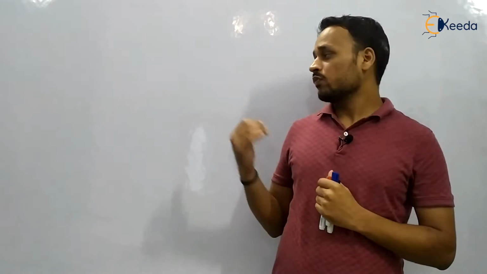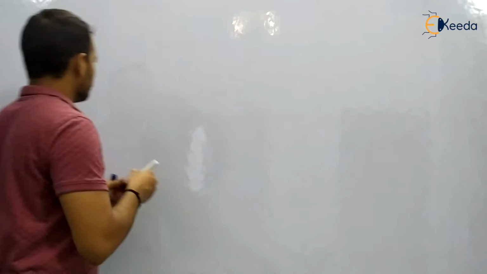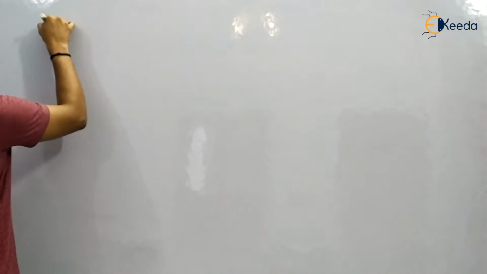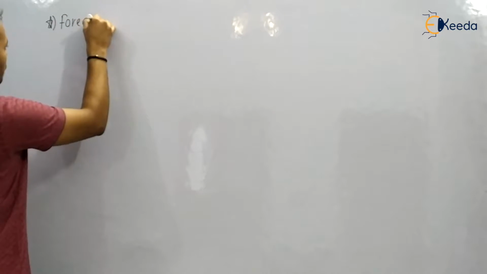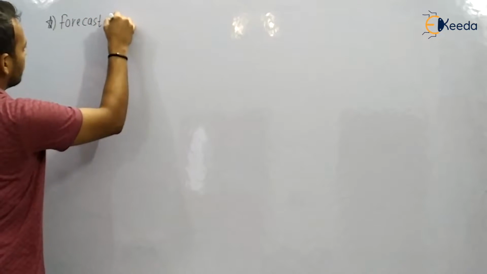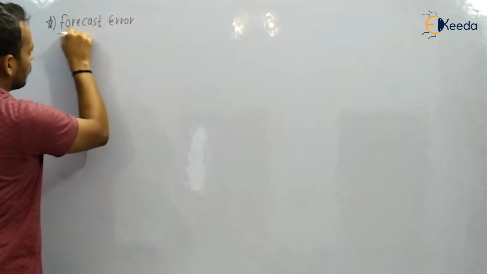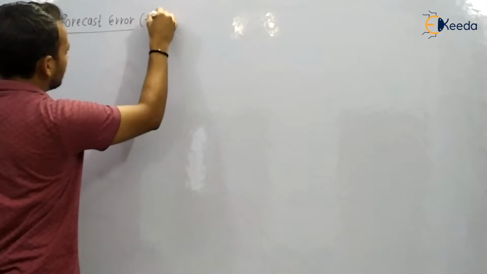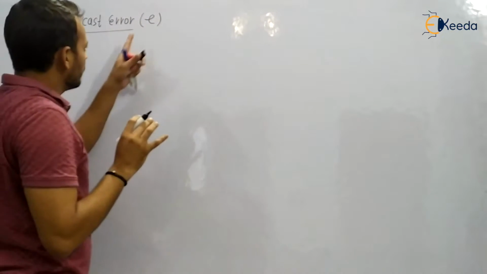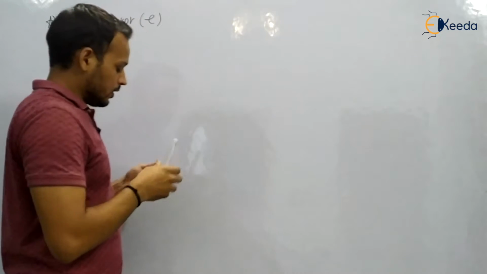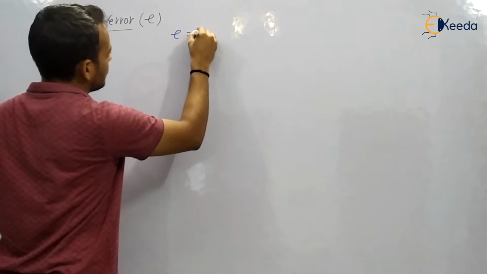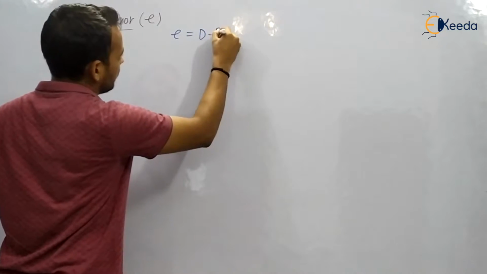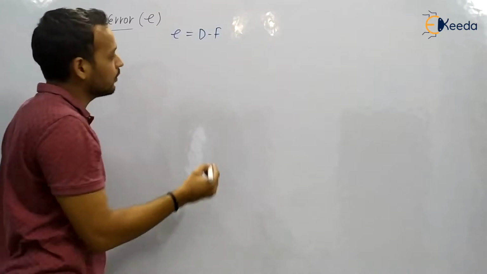So when we say forecast error, or forecasting error, it was denoted with E. The basic forecasting error notation is E, and you know that this E is basically the difference between D and F. This E is the difference between demand and forecast.